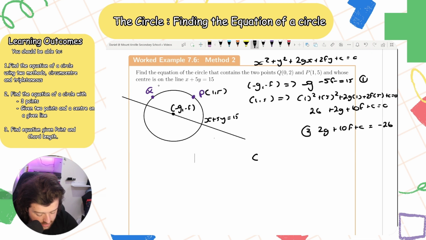I'm going to sub in the point Q, which is 0 minus 2. Oh, just 0, 2. My apologies. So I'm going to sub in the point 0, 2.